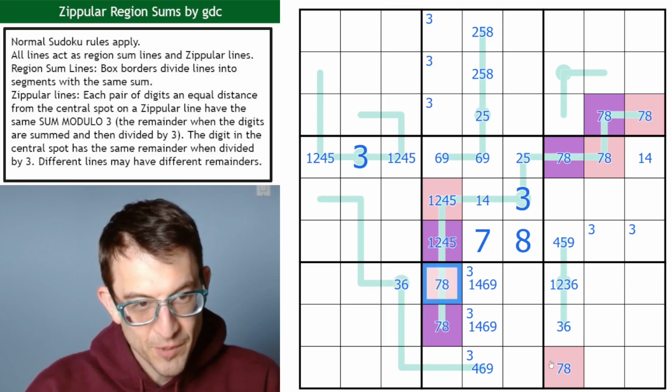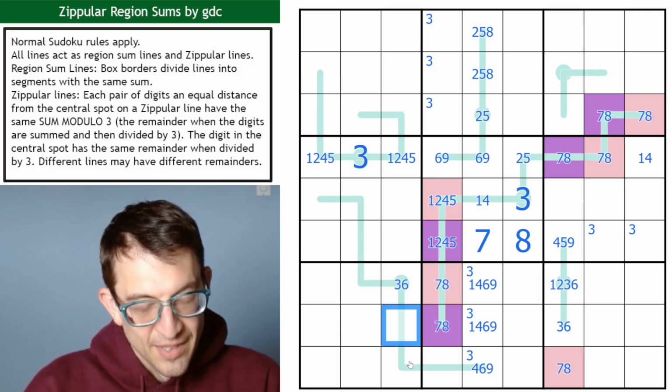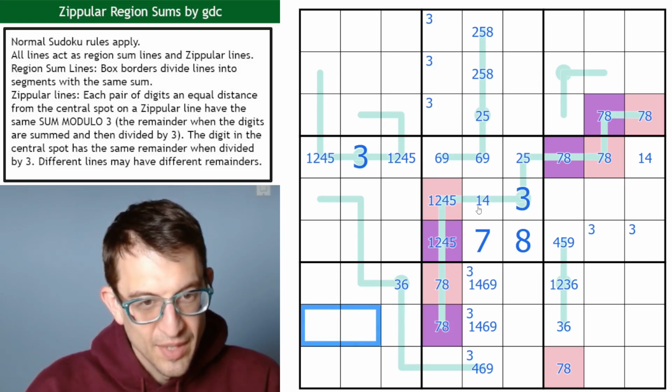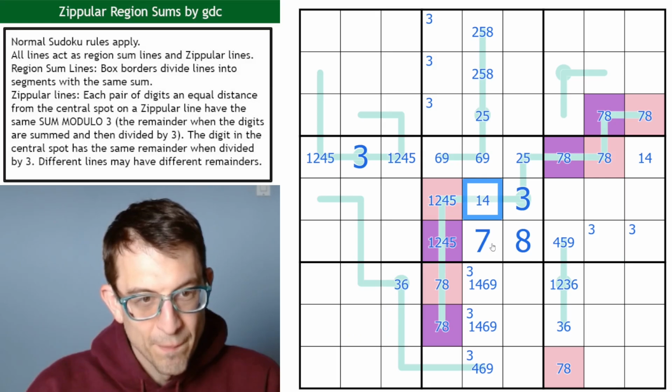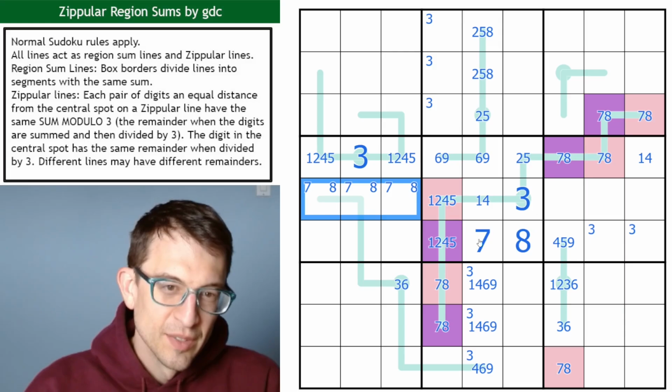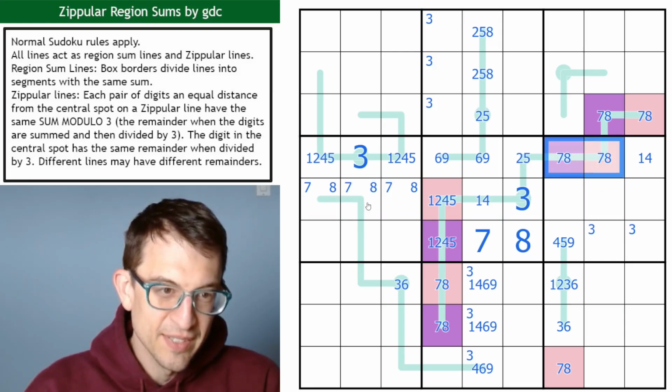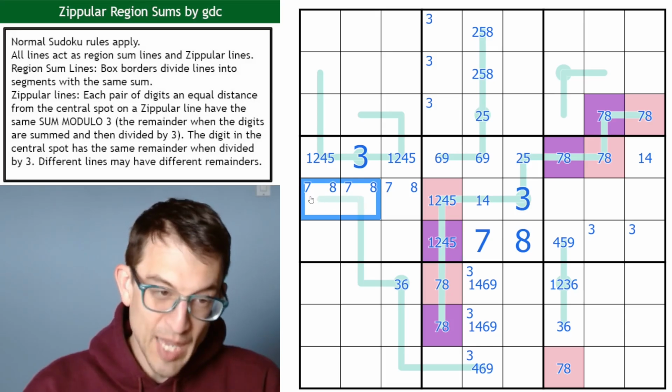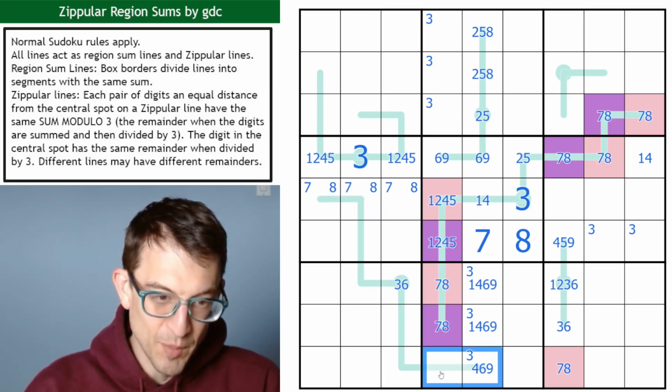Can I do something similar with this peach 7, 8 to say it's not here? I don't know what that gets me though. 7, 8 are both up here. So at least one of them's on here. And it can't be both are on here because this is at most 15.